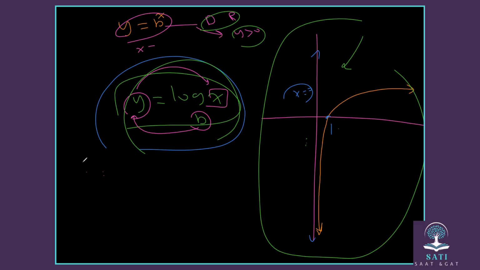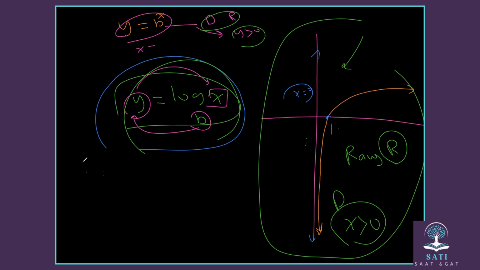From the graph, you're going to see that its range is all real numbers. But its domain, that means the values of x, is when x is greater than 0. So the domain will be positive numbers greater than 0. This is the domain of logarithmic functions.